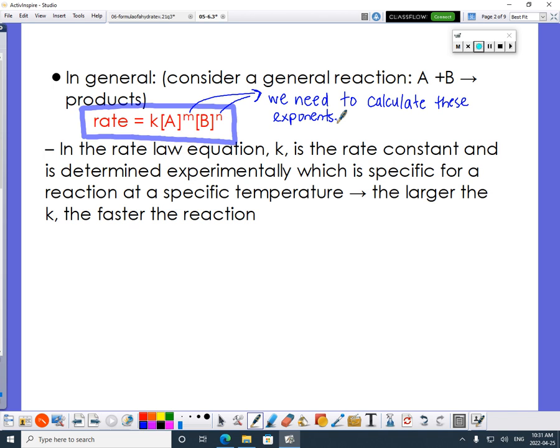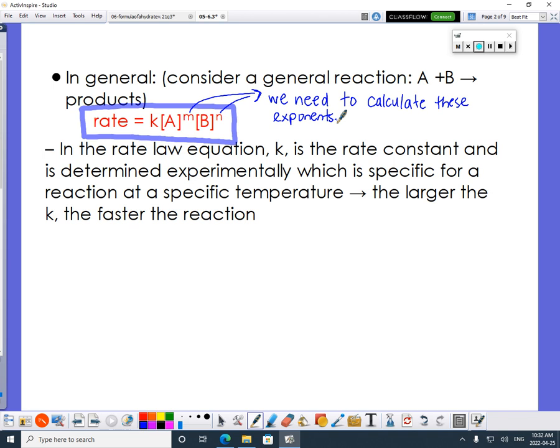How fast is the reaction going to go? If I have Mrs. Todd's chemical factory, and I need to make the reaction as fast as possible because I want to make as much money as I possibly can, then I need to look at what the order of reaction is for my reactants and figure out which reactant is going to give me the most bang for my buck, basically.